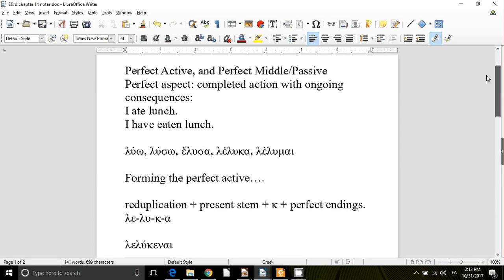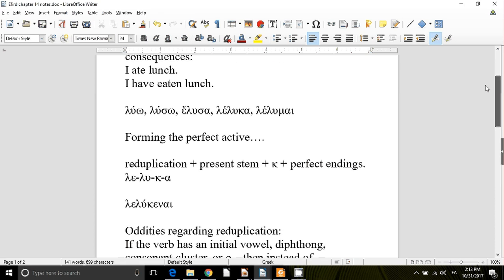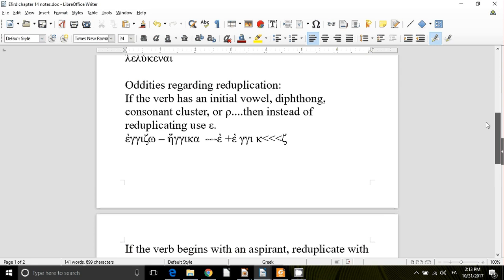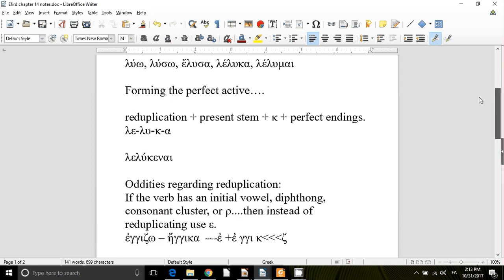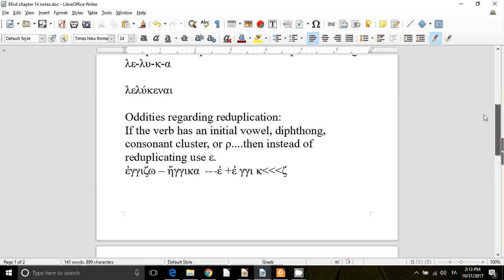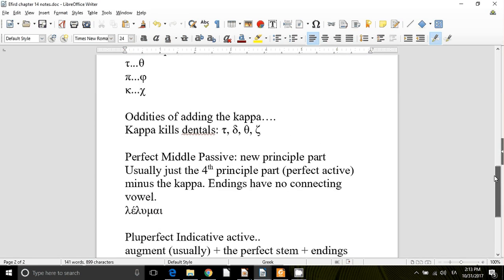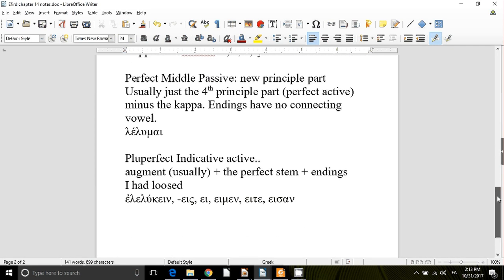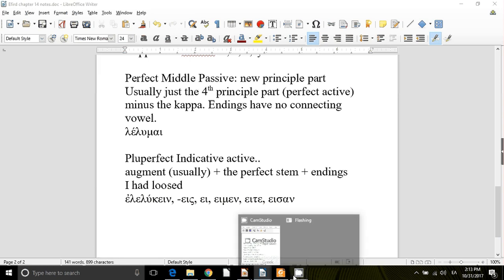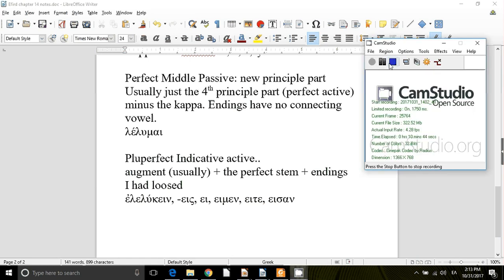How to form the perfect and the endings, how to form the perfect middle passive and its endings, all these irregularities of how to reduplicate and how to add a kappa, and then also how to form the pluperfect. So lots of stuff. Take your time, learn it before you move on to the translations, which you'll find, of course, in the next video.